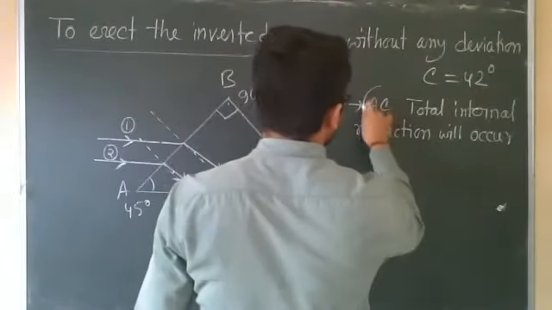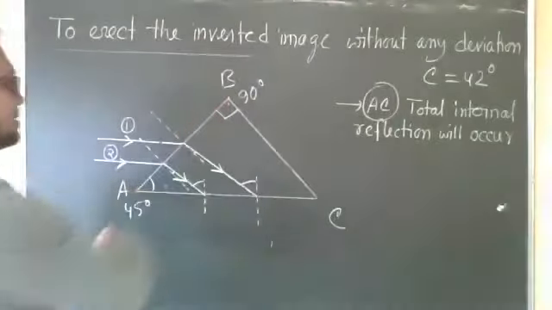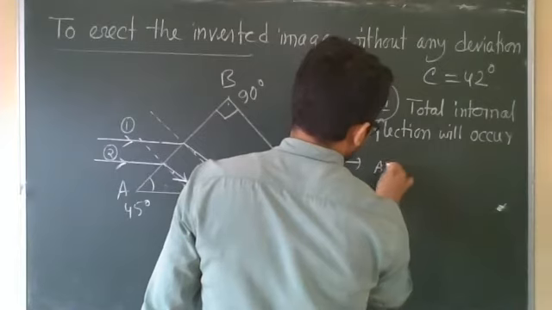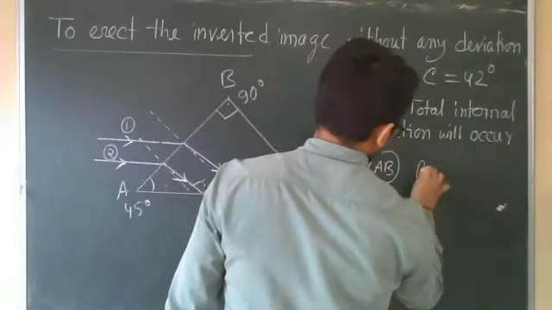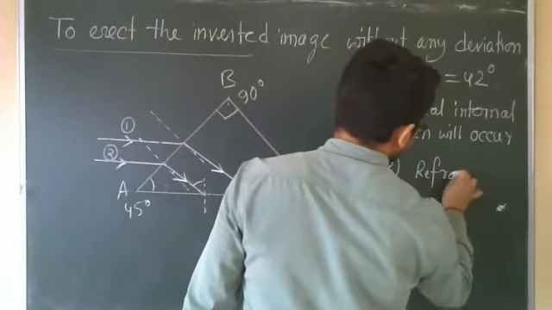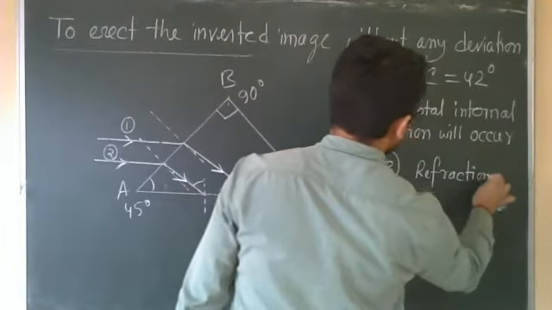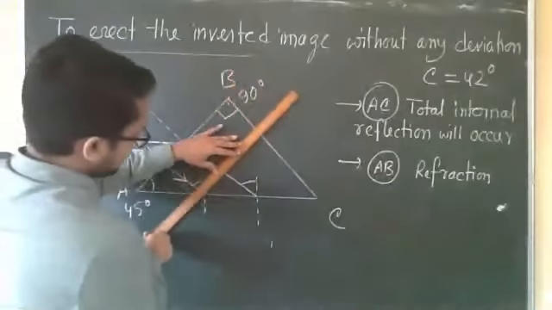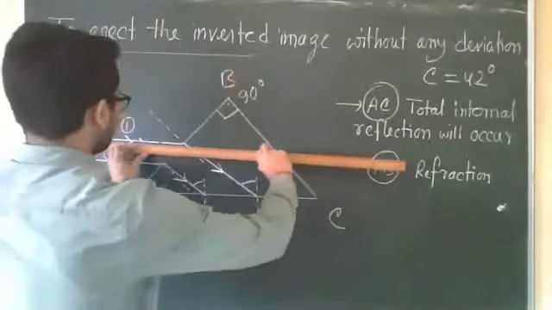At surface AB, what was occurring? Refraction, right? At AB, refraction. So here total internal reflection, and ultimately the image will be here.